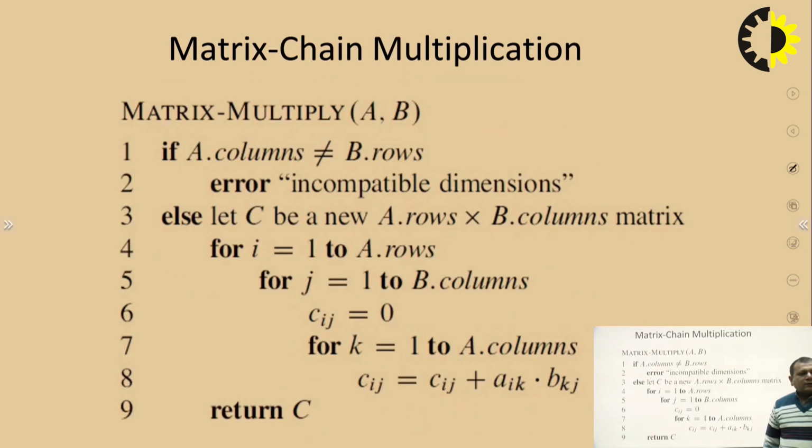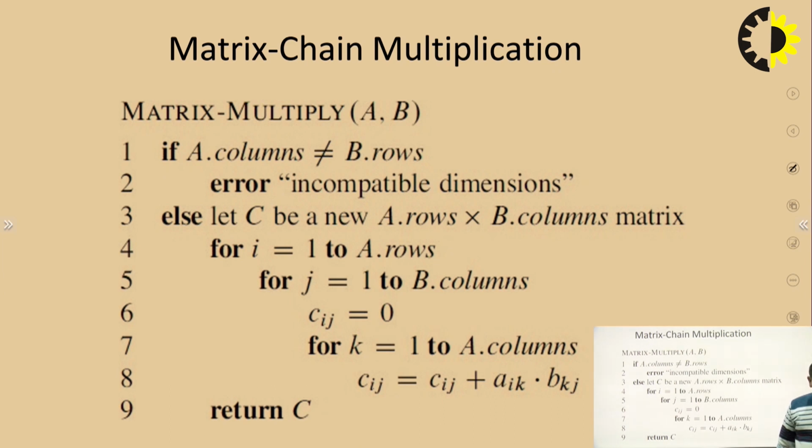Now this is the algorithm of matrix multiplication. We have to multiply two matrices, let us suppose A and B. If A.columns is not equal to B.rows, that is the necessary condition: the columns of A must be equal to the rows of B. If not, it gives the error, incompatible dimensions. Else, let C be a new A.rows by B.columns matrix.